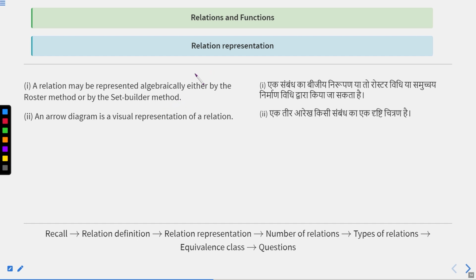Now, relation representation. How are we going to represent our relation? Our relation may be represented algebraically either by the roster form or by the set builder form.